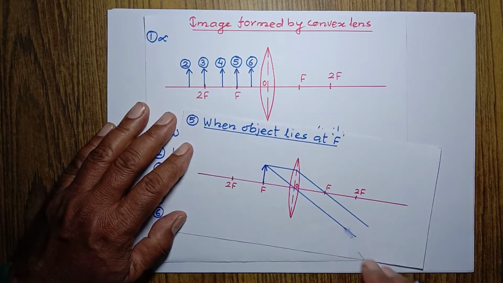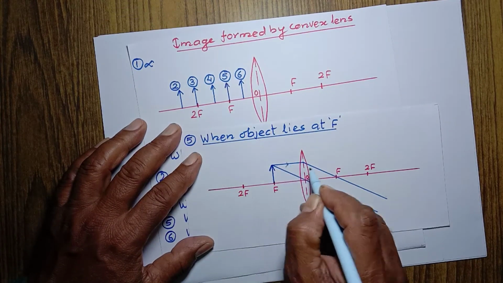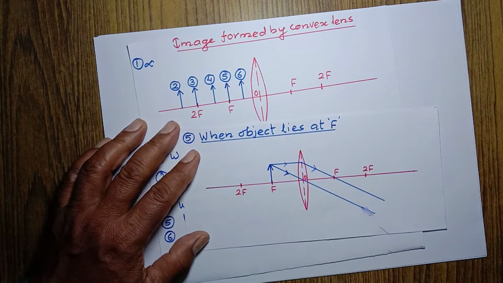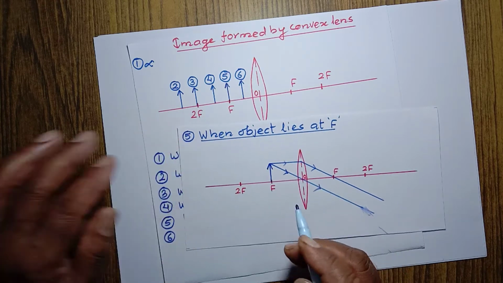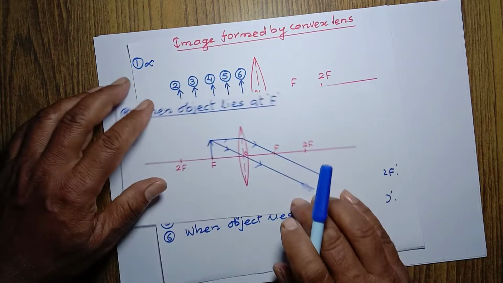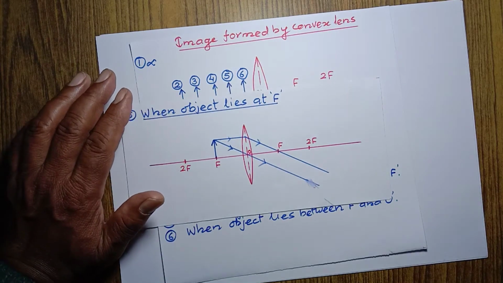Look at this. Now what is seen? This is the ray of light passing through focus. This is another ray of light. It is passing straight, and both of them are not intersecting behind the lens.